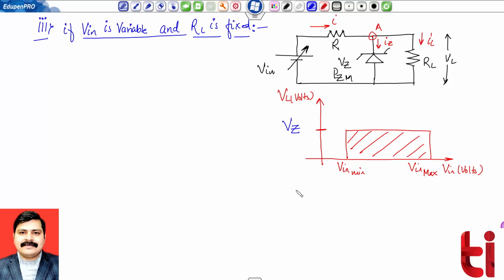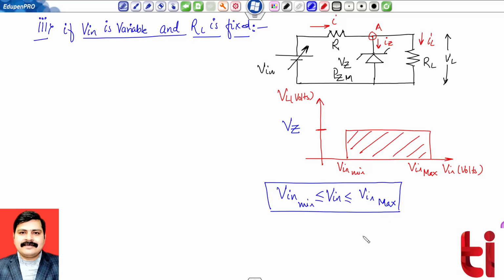So the ultimate goal is to find the range of input voltage from Vin min to Vin max such that my output voltage, the load voltage VL, will be equal to VZ.